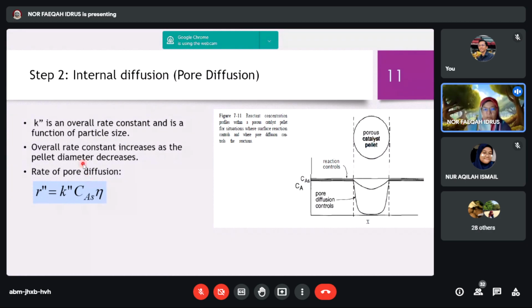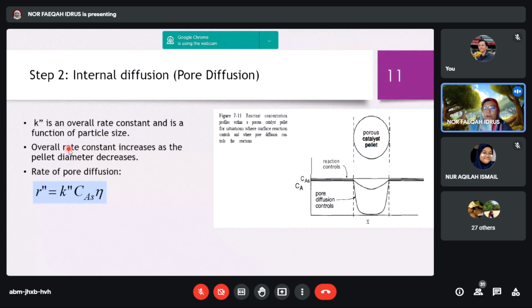Okay. Now, so K, the rate coefficient, is an overall rate constant, and it is a function of particle size. So function of diameter lah. Overall rate constant increase as the pellet diameter decrease. Okay, because in this case, when the pellet size is small, the rate constant increase.